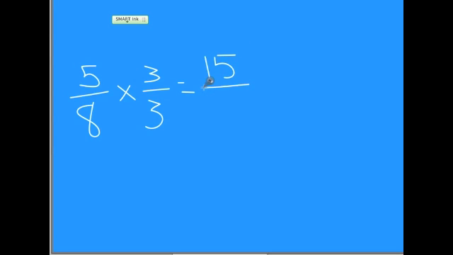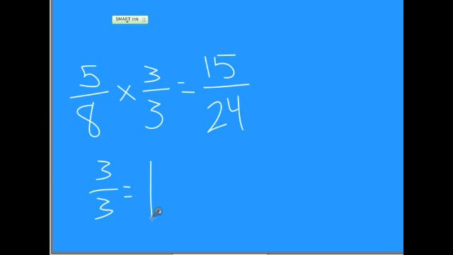Here is an example of getting an equivalent fraction. So you take something like 5/8, and if I multiply it by 3 over 3, which is equal to 1, then that's going to equal 15 over 24. And 15 over 24 is equivalent to 5/8, and 3 over 3 was equal to 1.